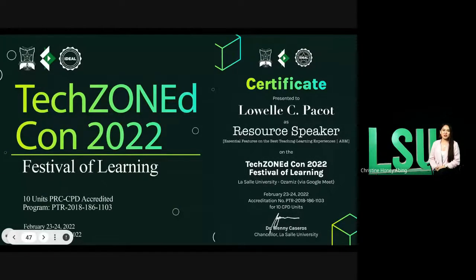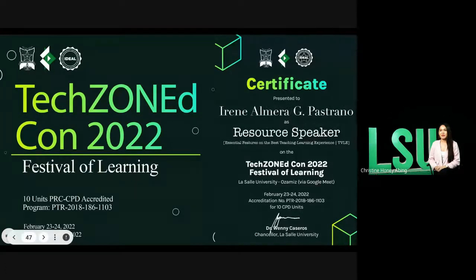The same certificate is given to Mr. Jezreel Faith C. Montes as a resource speaker for UMS, Mr. Mark Chrisley O. de la Peña as a resource speaker for STEM, and Ms. Irene Almera C. Pastrano as a resource speaker for TVLE.